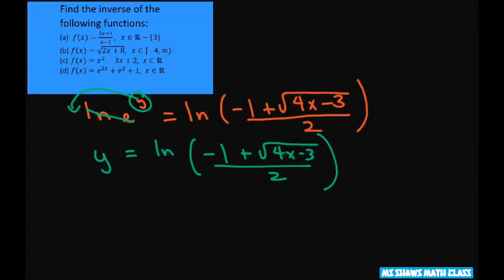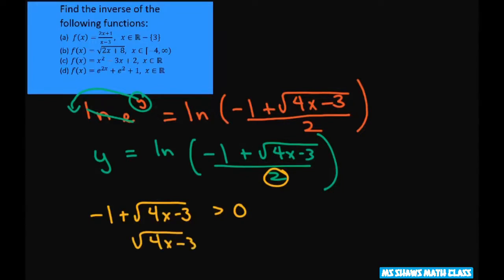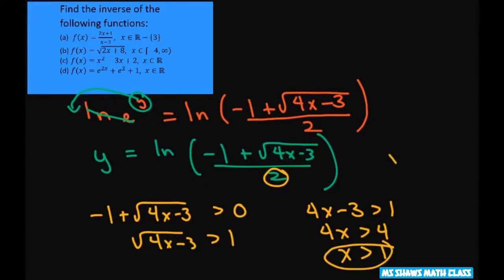We can still keep our denominator here, but my numerator has to be greater than 0. So add 1 to both sides. Square both sides. Add 3 to both sides. And divide both sides by 4. So x has to be greater than 1.